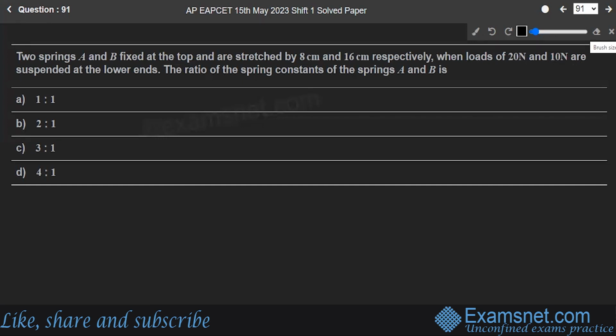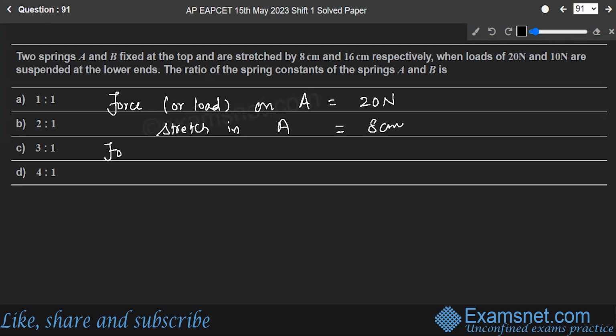So you are given that the force or load on spring A is 20 Newtons, and how much stretch in spring A? 8 centimeter. Now force or load on the second spring, 10 Newton, and the stretch in B, 16 centimeter.